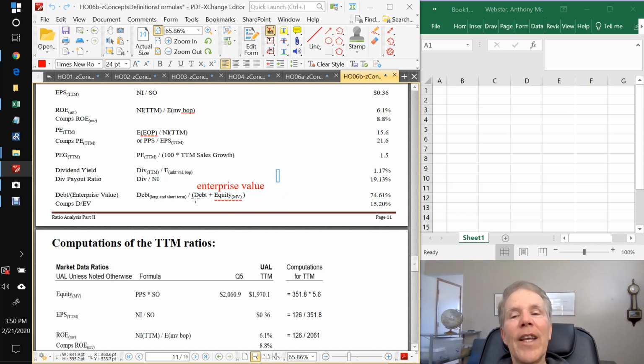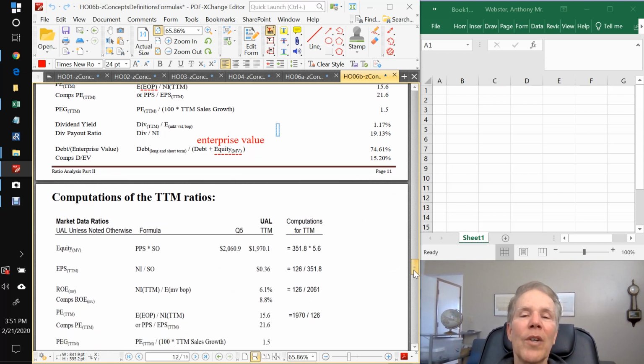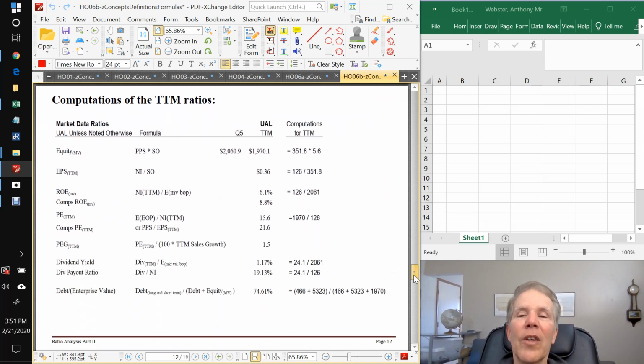So really, I can't buy the company just for the price of the market value of the equity. I've also got to pay off all the debt or find another lender who will refinance that debt for me. So enterprise value is important for that reason, among others.